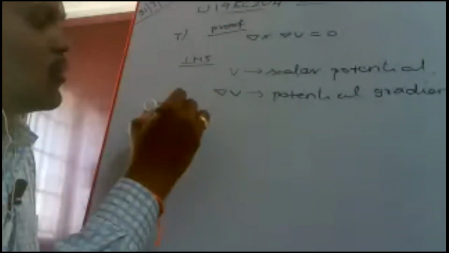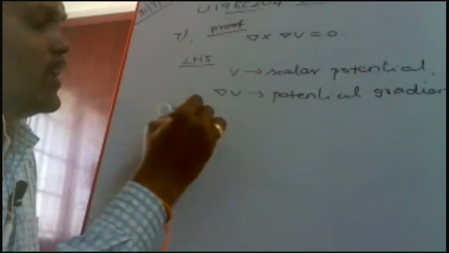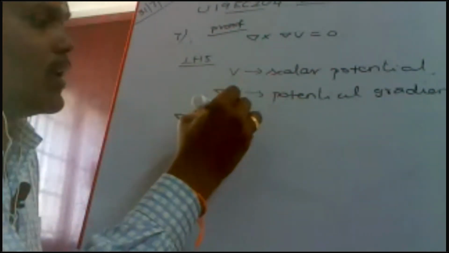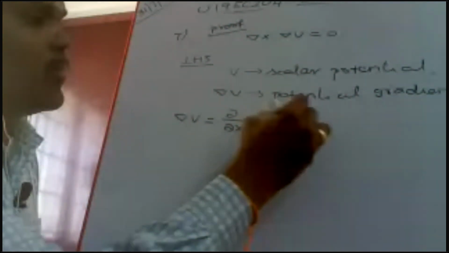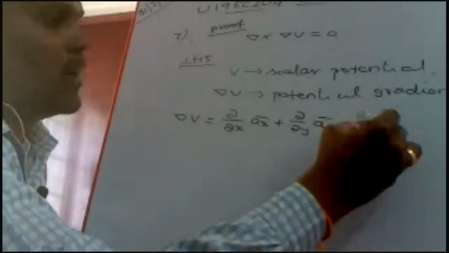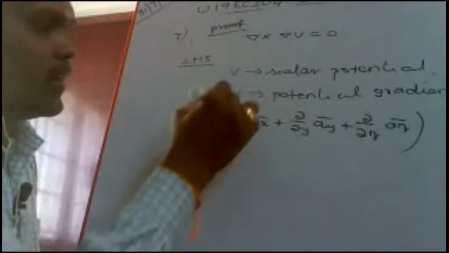Is it okay? So what happens is del V. What is the definition for del? Dou by dou x ax vector plus dou by dou y ay vector plus dou by dou z az vector.